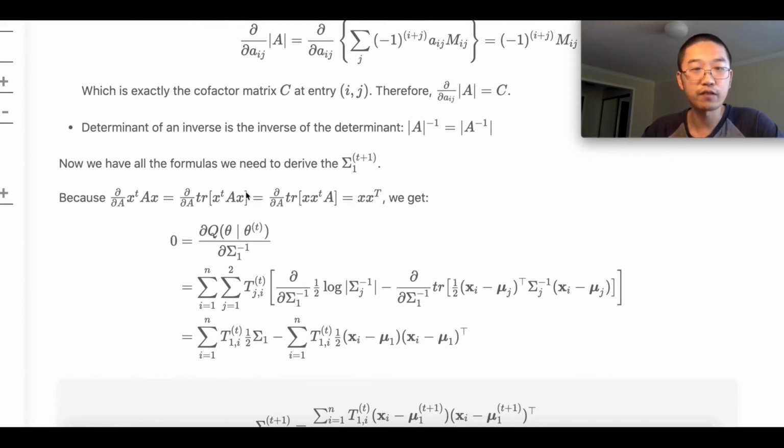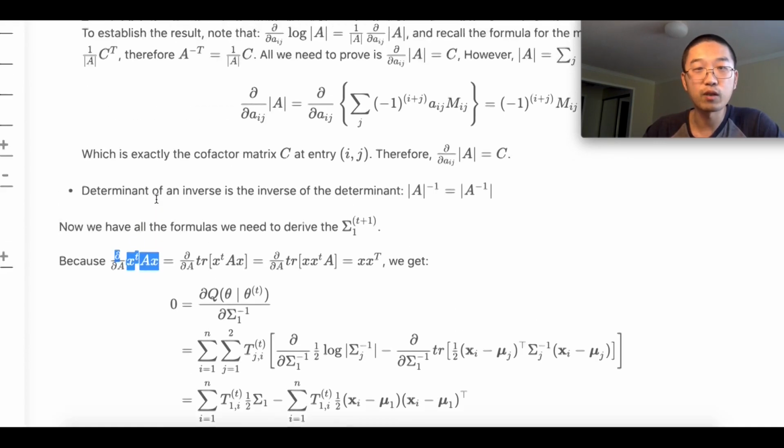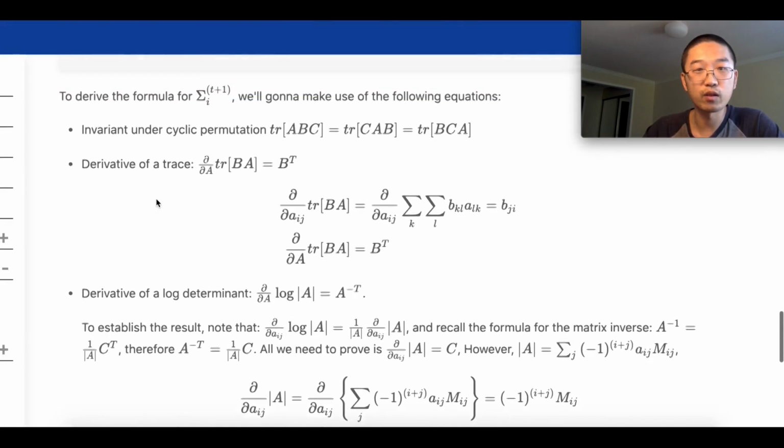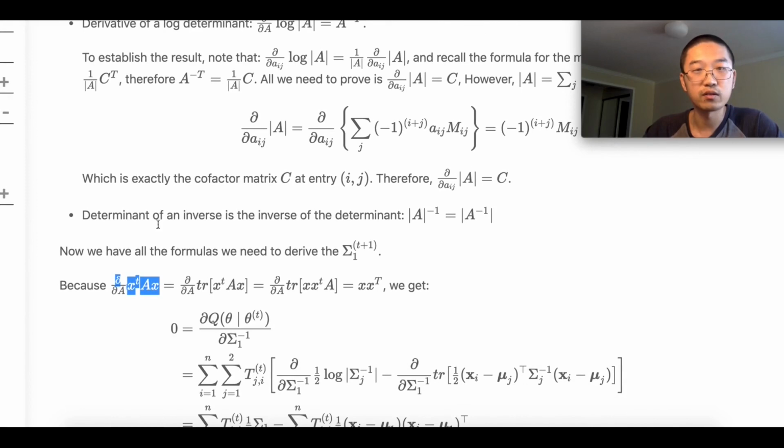The quadratic form, xi minus mu times sigma j inverse times xi minus mu, is similar to the form we had here.